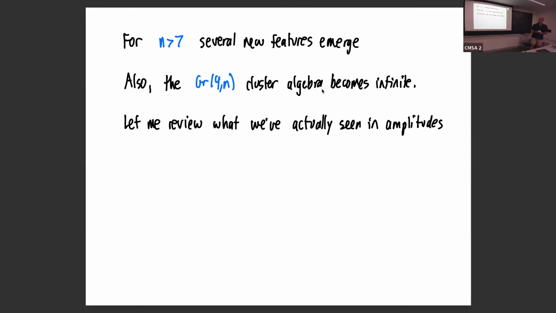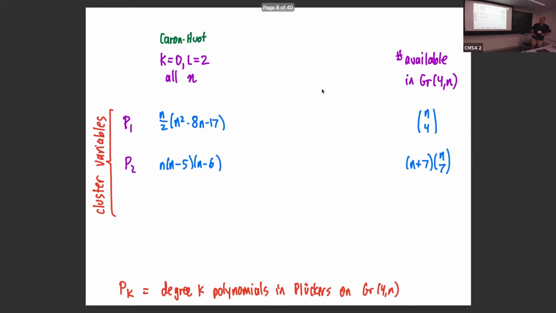So let me review on the next few slides what we actually have seen in amplitude calculations for n greater than 7. And this is kind of going to be a dynamic slide here. So the first calculations go back already to 2011. Caron calculated the 2-loop MHV amplitudes for all n.